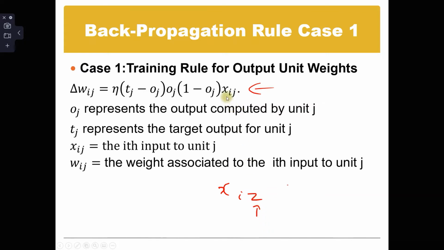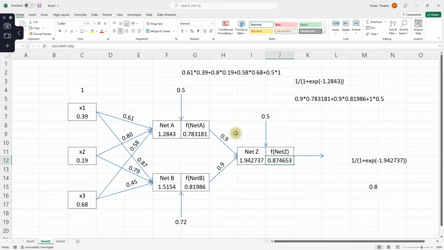And then i represents the different nodes that come from the hidden nodes. For example, you have xaj. Xaj represents the input from node A to node J. Here i can be represented by node A and j represented by Z. So xaz represents the input from A to Z, and the input from A to Z is the output that you got here, 0.831.